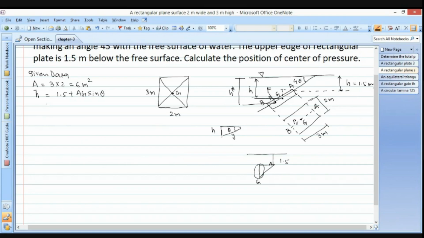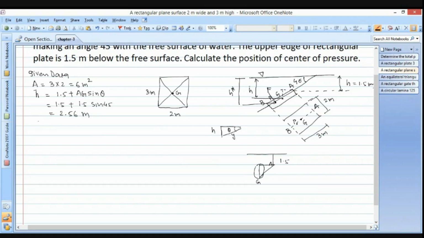So sine 45 is there, so 1.5 plus AG, which is also 1.5, 3 by 2 into sine 45. So our answer comes to 2.56 meter.